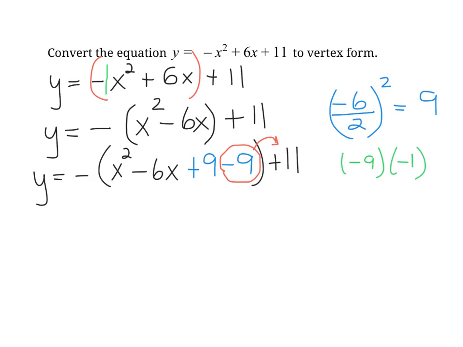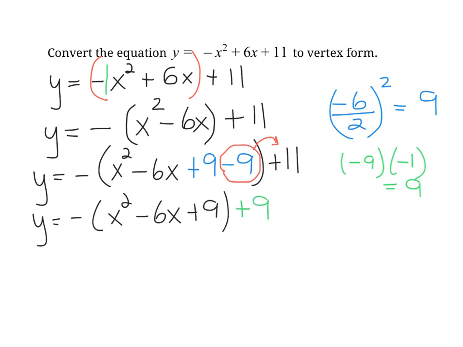So -9 multiplied by -1 is a +9. So I'm going to recopy. And that +9 that we just calculated is going to go on the outside of my bracket, and I still have my +11.